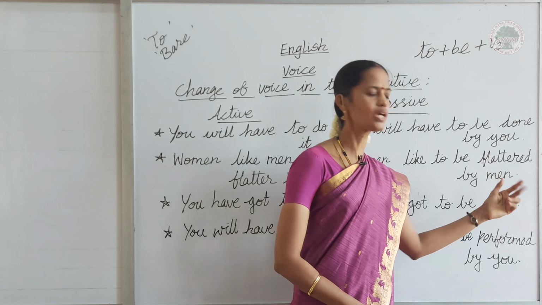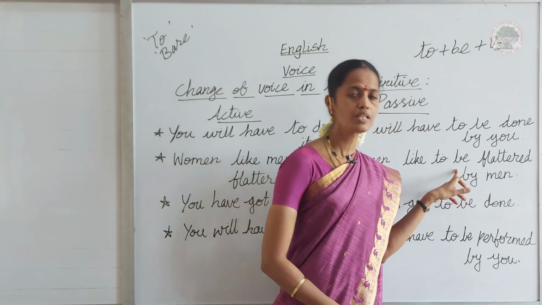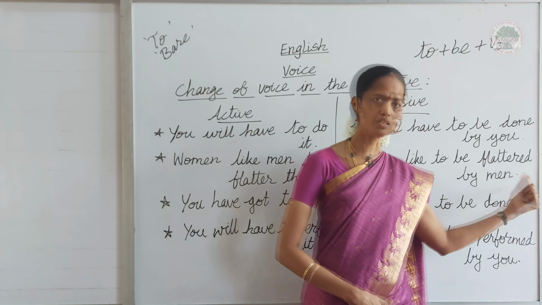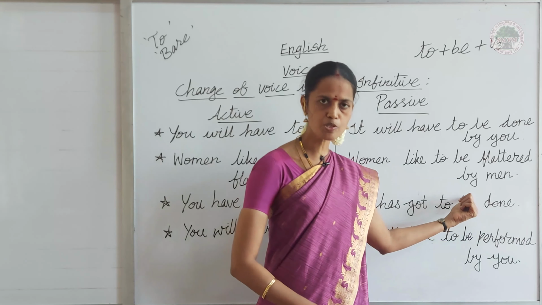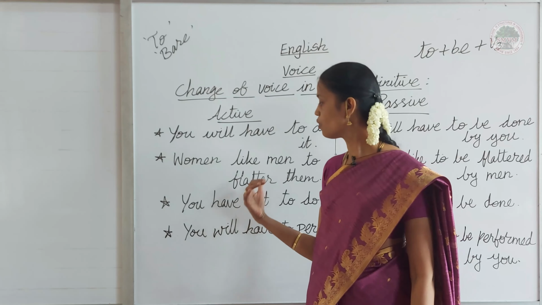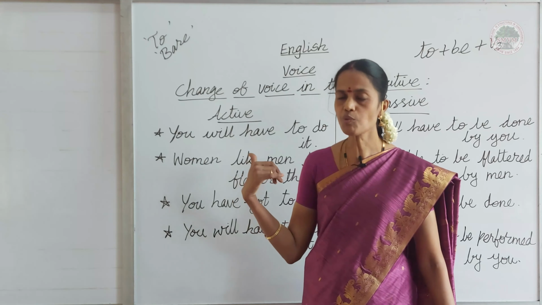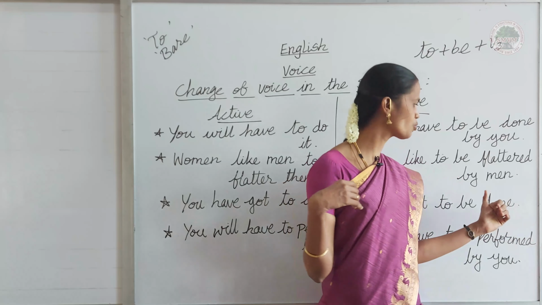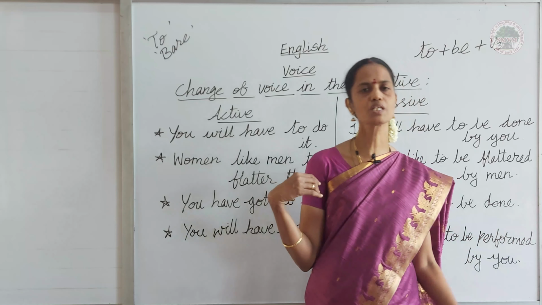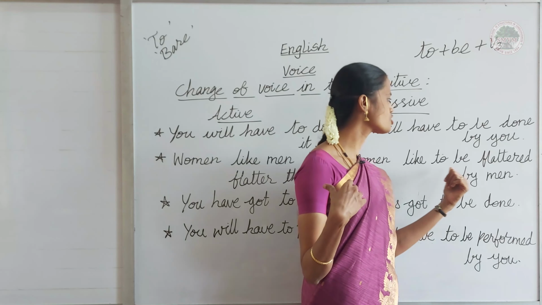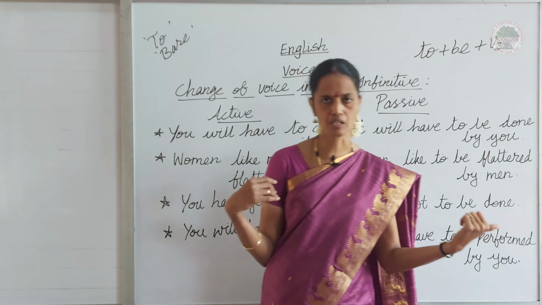After the "to," we have to introduce this "be." Then the third form of "flatter" is "flattered." Then we introduce the preposition "by." Then what about the object here? "Men." Now what about the subject here? "Men." So that "men" we brought in the place of the object here. Okay. So, women like to be flattered by men.